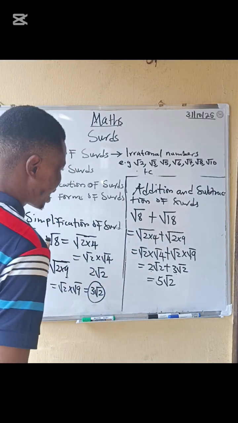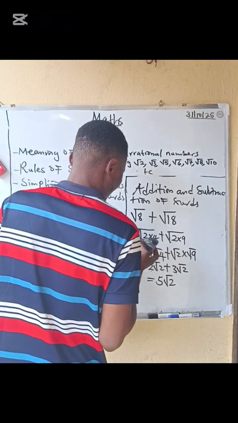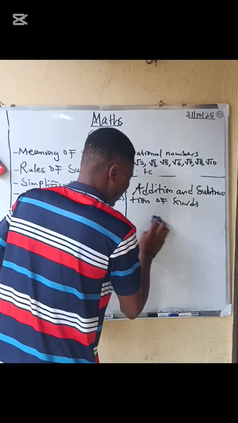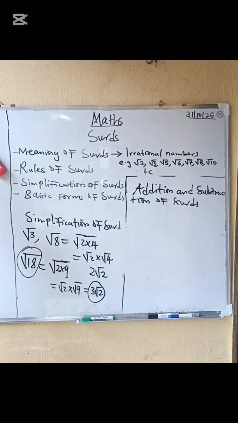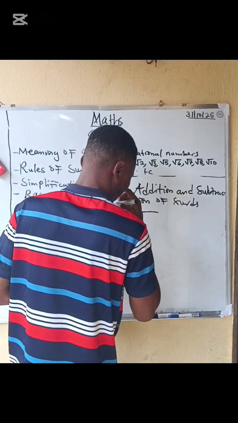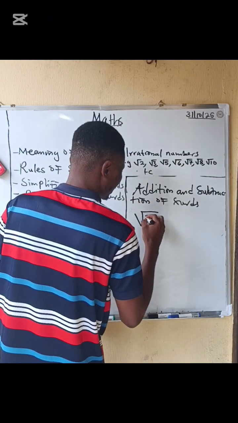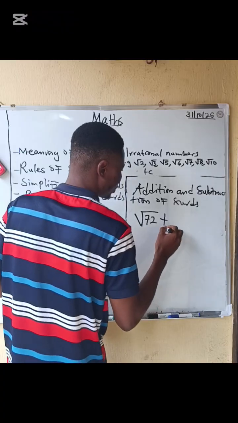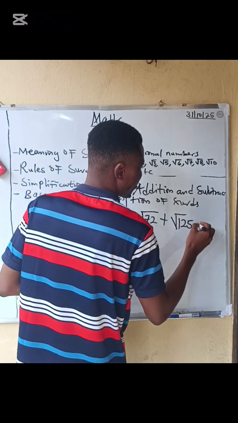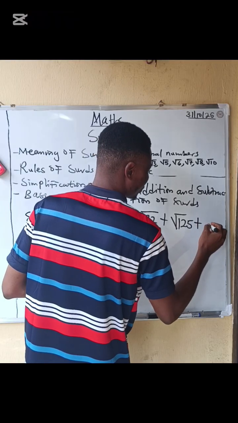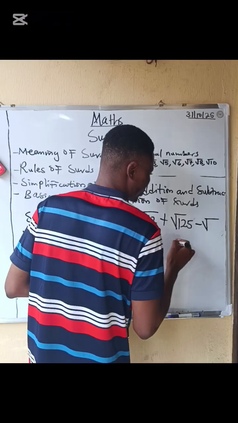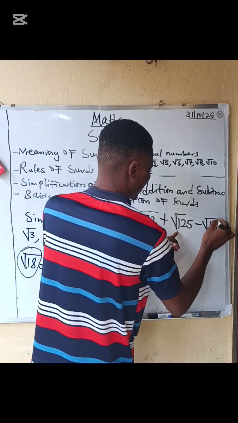Let me show you another example. How about we have something like this? But I now ask you to simplify the roots. Root 72 plus root 125 minus root 18.